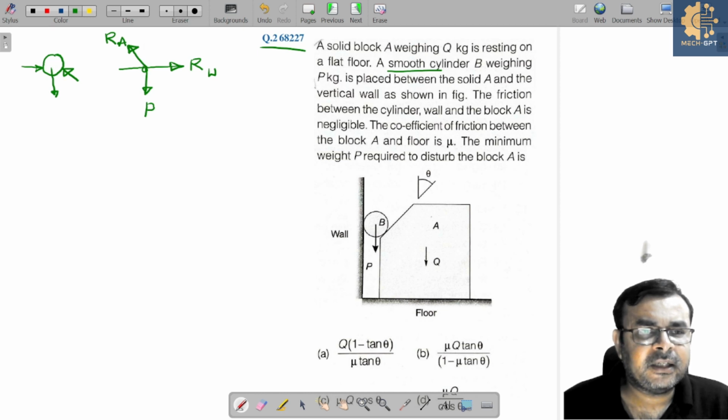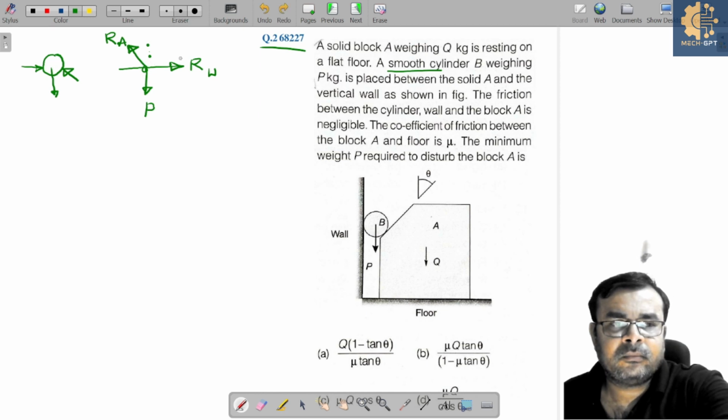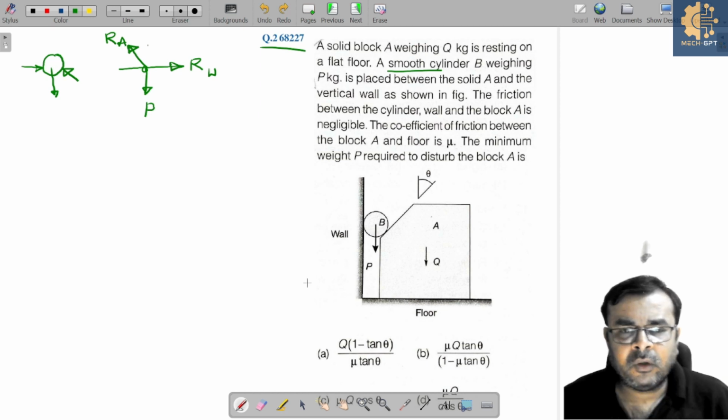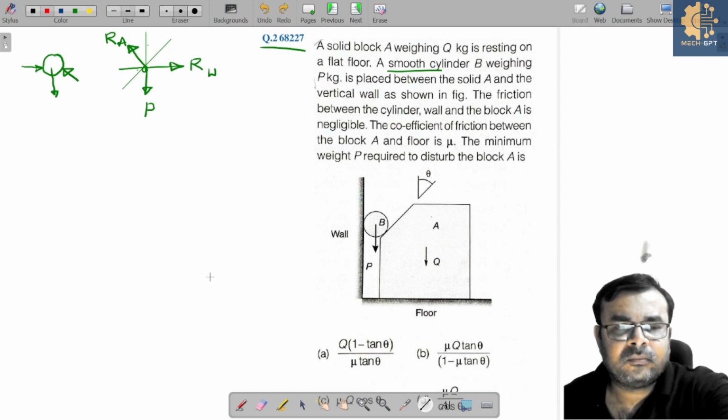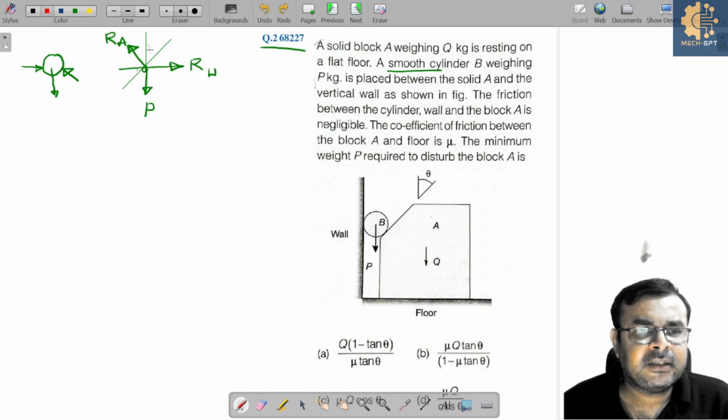From the vertical, if I draw a line like this, parallel to this line, and similarly if I draw a vertical from it, then you get this angle as theta.